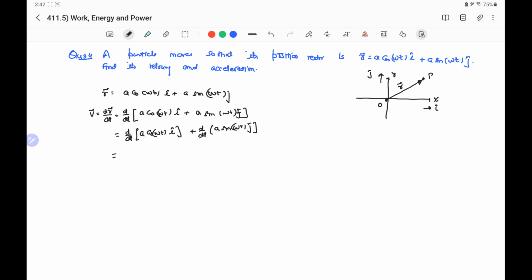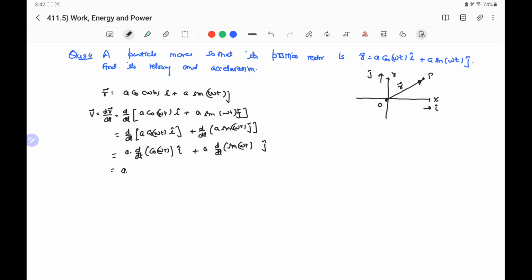Because a is constant, it is taken out of the differential of cos omega t, and i gives the direction only, plus a into the differential of sin omega t j.